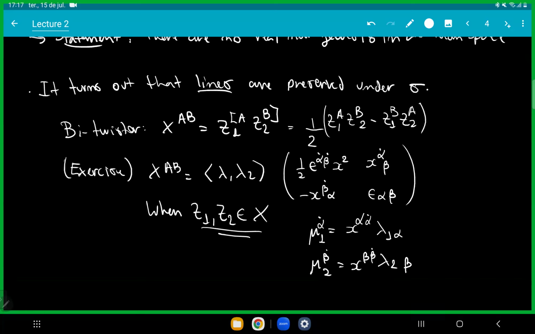If you have these two incidence relations, you can write this bi-twistor in this form. So this is an exercise you should do.